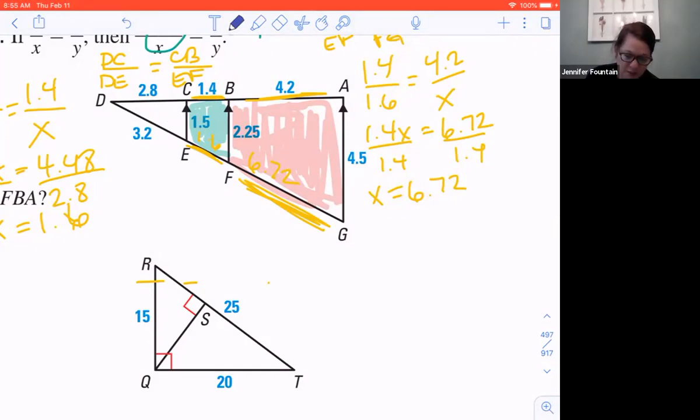So with this one, I can just look at my different sides. Okay, that was where I did perimeters.